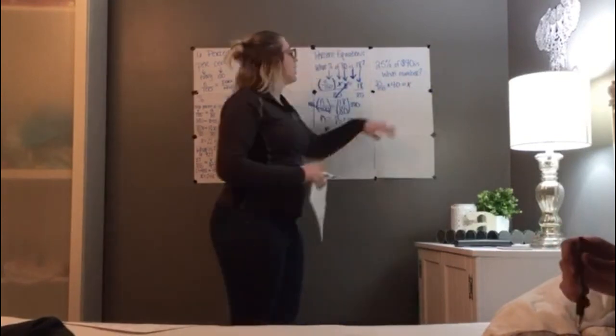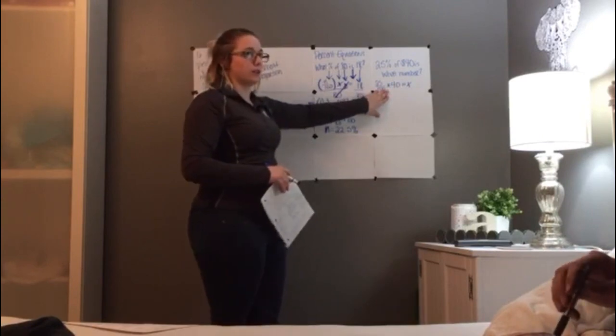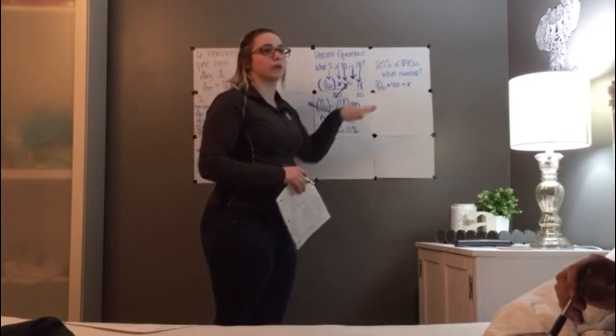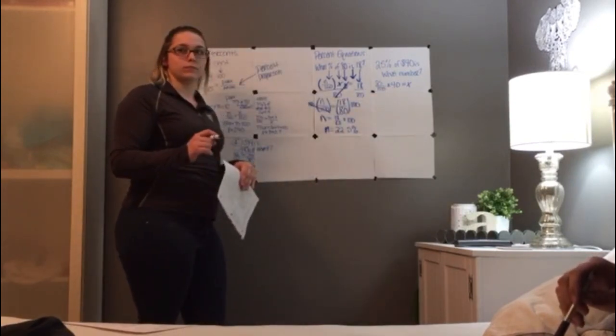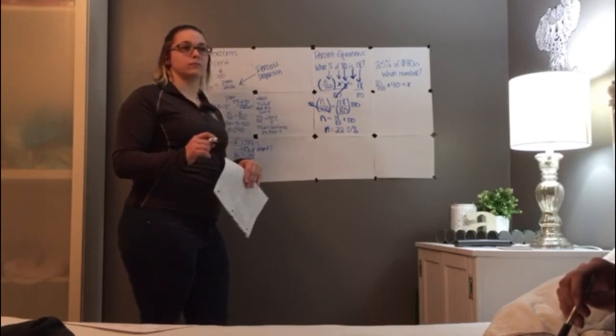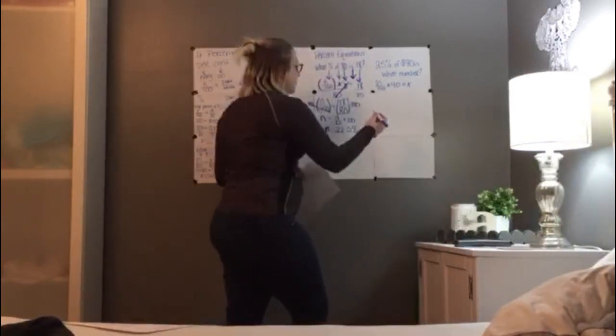Okay. So you already have x by yourself, so all you have to do is solve what's on this side of the equation. So how could you multiply 25 over 100 times 40? Well, here you could just multiply straight across.